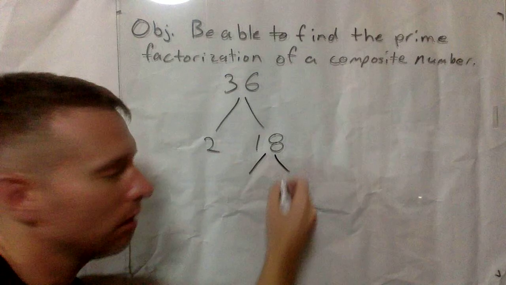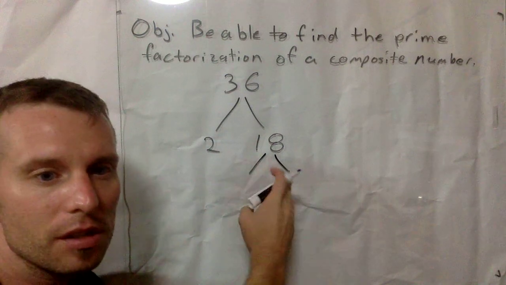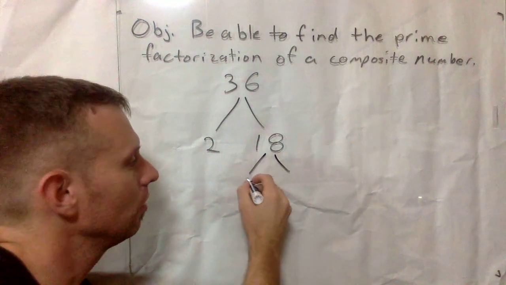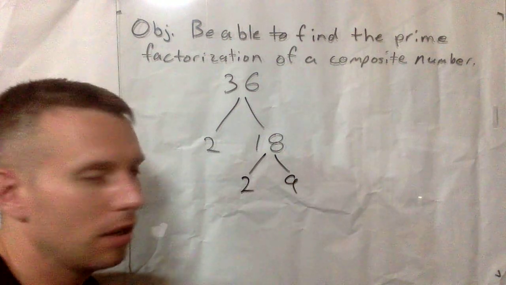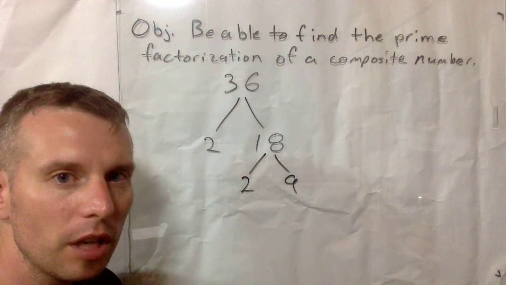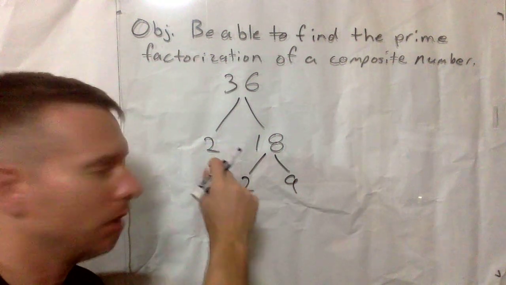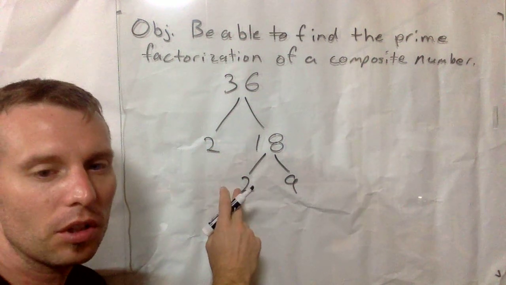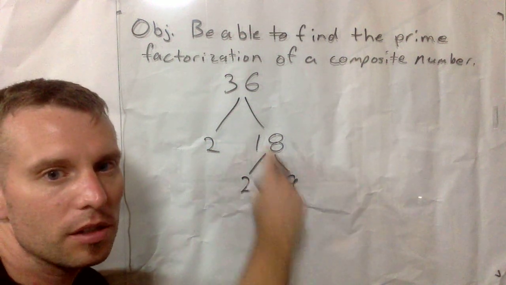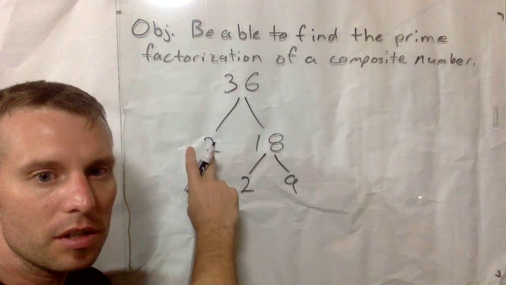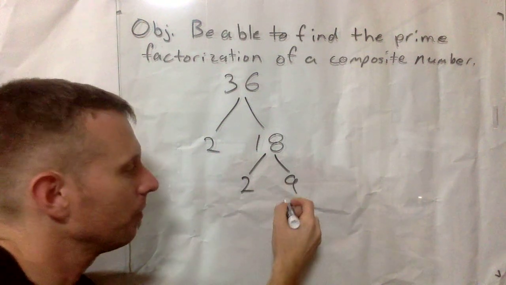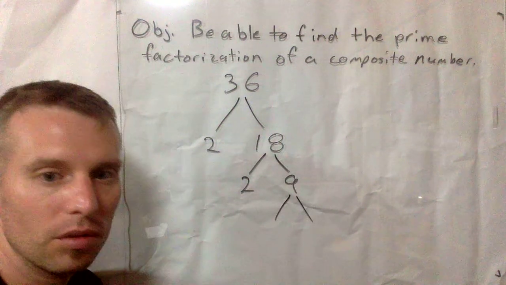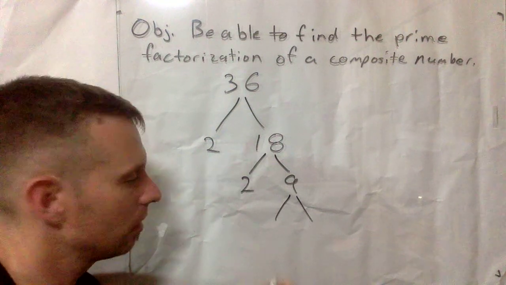What times what equals 18? Since it's an even number again, let's do 2 times 9. Now we can see 2 times 2 is 4. 4 times 9 is 36. However, this is prime, this is prime, this is not prime. So what number times what is 9?